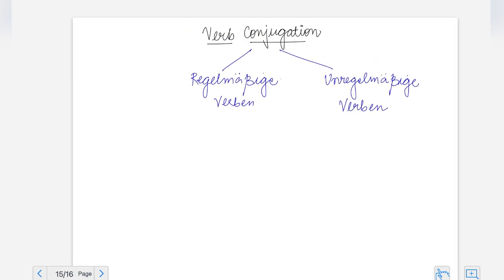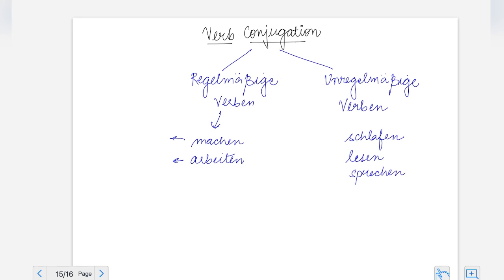So for regular verbs, we have machen. These are the basic verbs. Arbeiten. Irregular verbs, which is unregelmäßige Verben. Some of the verbs are schlafen, lesen, sprechen. So these are some of the irregular verbs, unregelmäßige Verben.